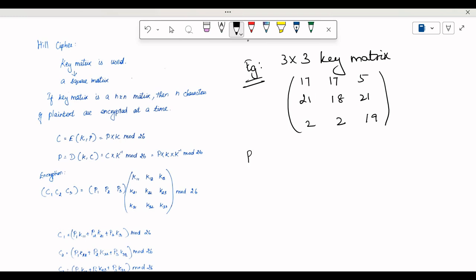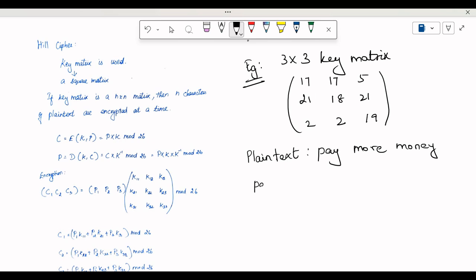And the plain text we are going to consider for encryption is pay more money. As discussed earlier, I'm going to take three characters at a particular point of time and proceed with the encryption. If pre-processing is required, I have to group this plain text as three characters each.